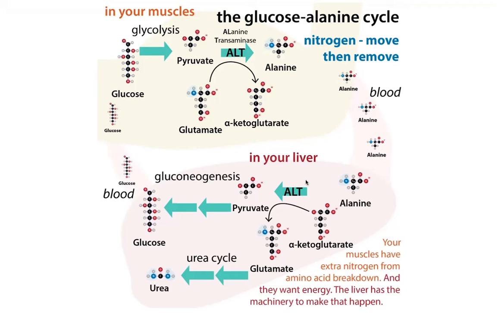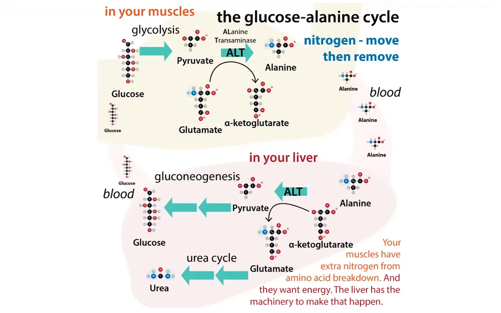So you take that amino group back off of alanine, back onto α-ketoglutarate. That'll give you your glutamate, which you need for the urea cycle, and it'll leave you with pyruvate, which the liver can then take through gluconeogenesis to make glucose to send back to your muscles. So this is called the glucose-alanine cycle.